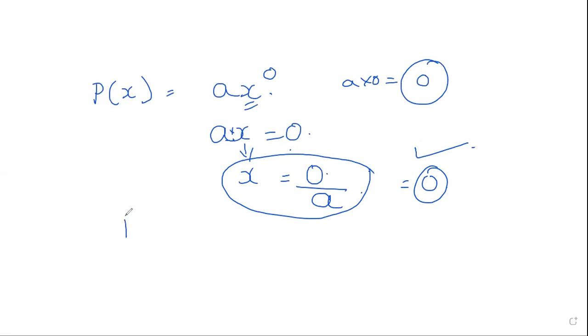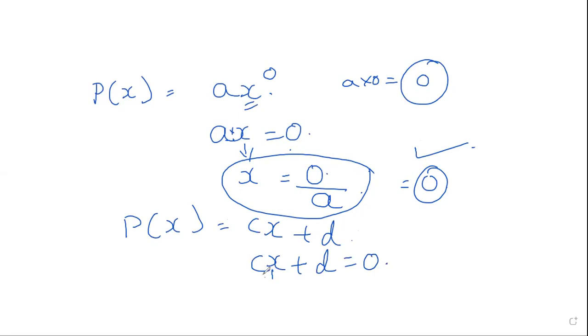And see the last one. P of x is equal to cx plus d. Okay, now I'll make c x plus d equal to 0. Now write this expression as it is, children. So I am shifting this plus d to the right side, it will become minus d.